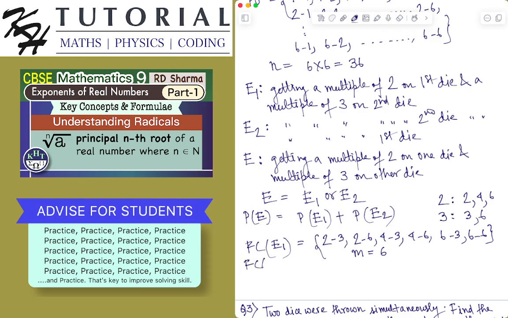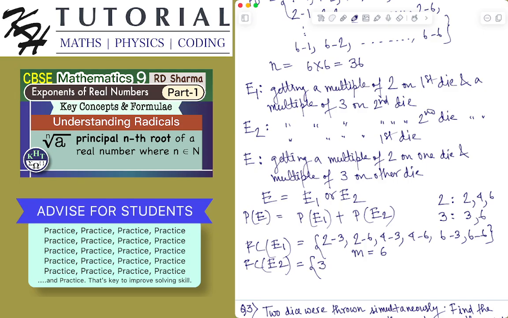Let's see event E2; it will be the other way around. Basically, the numbers on the die will be reversed.